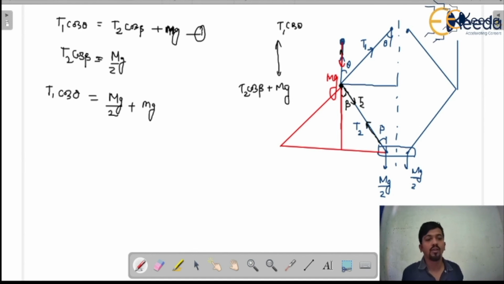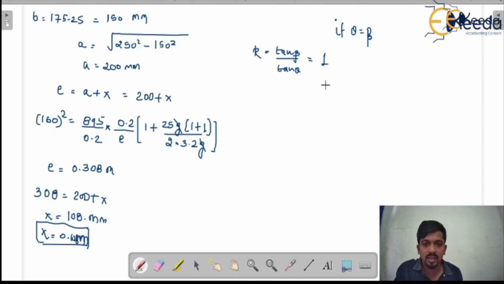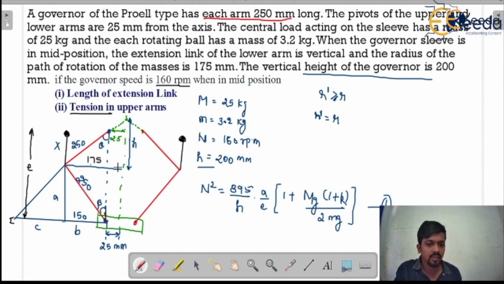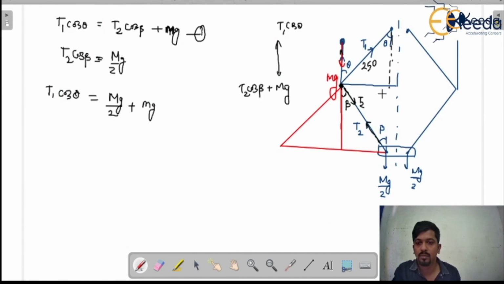Now first we have to calculate the value of theta, then the answer will become clear. So how can we calculate the value of theta? If I consider this triangle, we all know this is 250 mm long, and this is complete 175. So this length would be 150, from here to here, because the offset is of 25 mm.